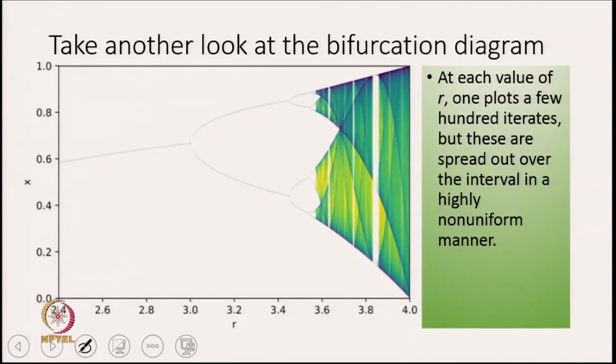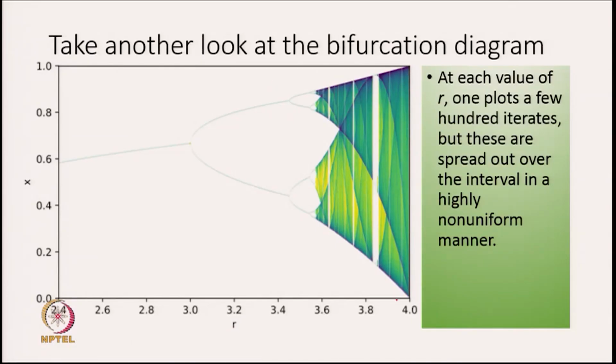Let us take another look at the bifurcation diagram. As I mentioned right at the beginning, at each value of r, you discard a few hundred iterates and you plot a few hundred or 1,000 iterates depending on your taste. But these are not even away from the periodic orbits.